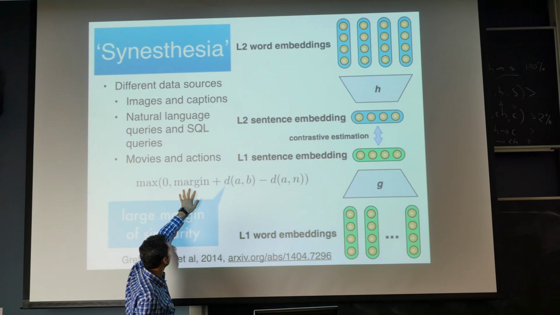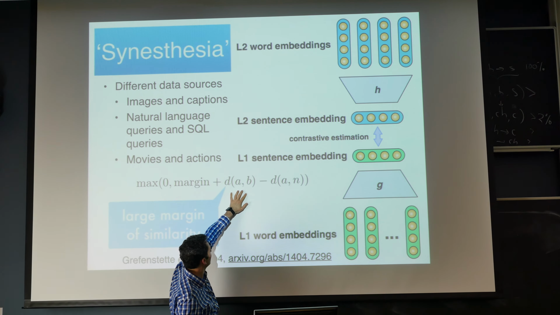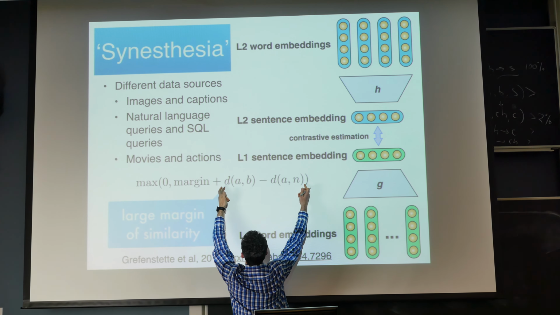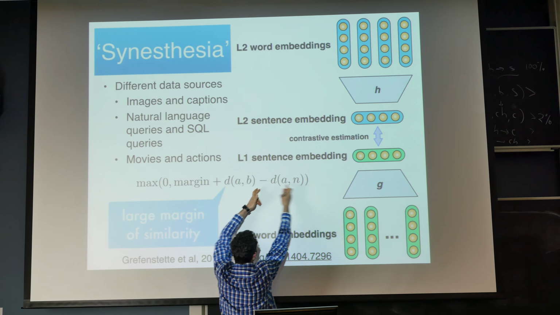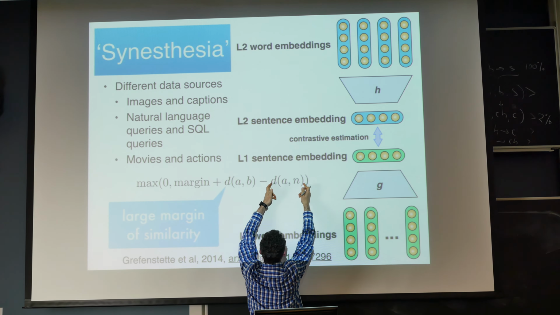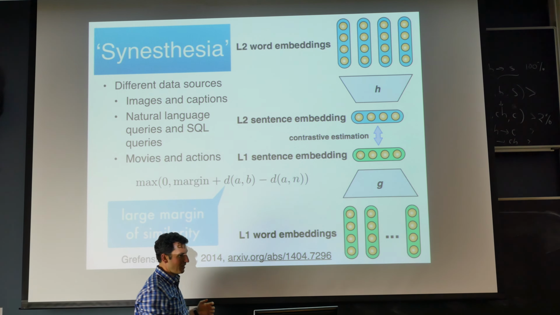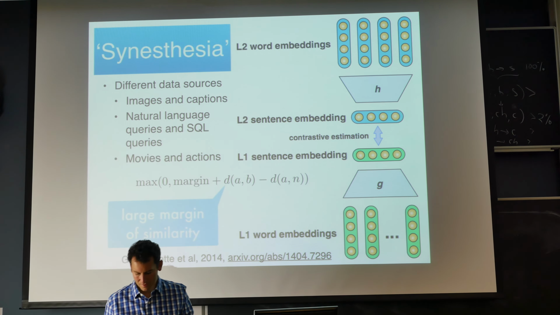Because if this is large, then this is not good, right? I want this term, of course, to be small, because the distance should be small, the negative of this distance should be large, so minus that will be small. And I want to make sure that there's at least a reasonable margin of separation between those two things.